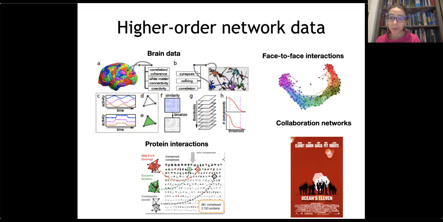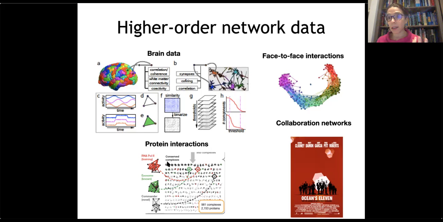Also in social networks, there are a number of many-body interactions. If you think of face-to-face interaction in a party, you usually find groups of more than 2 people, 3 or 4 people forming and chatting and discussing together.